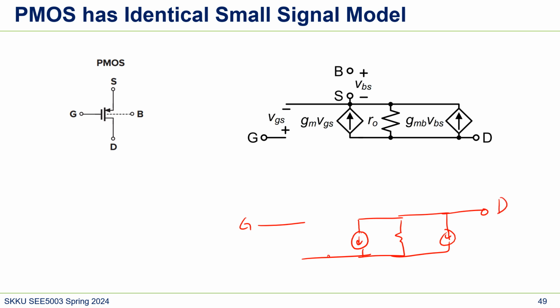G, D, and S, and VGS plus minus, and R0 and then gmb VBS. So they look kind of the same, but a little bit different. It may cause you some confusion, but it's okay. We will use it a lot later, so we can get used to it.